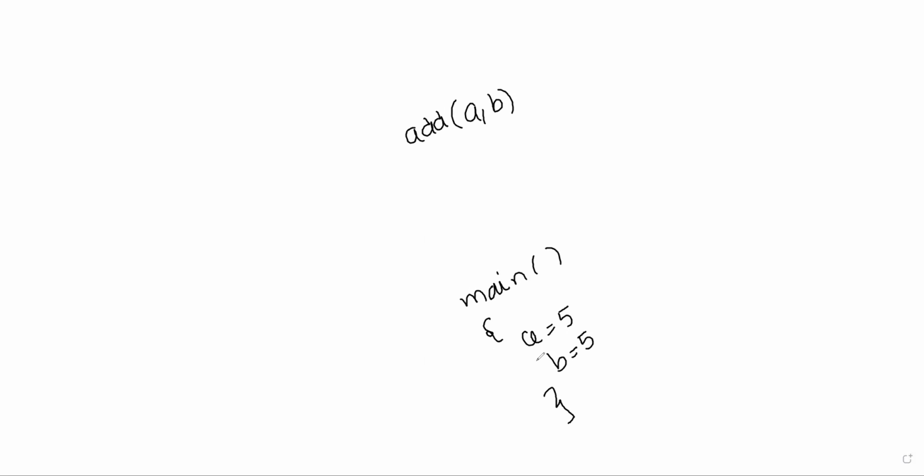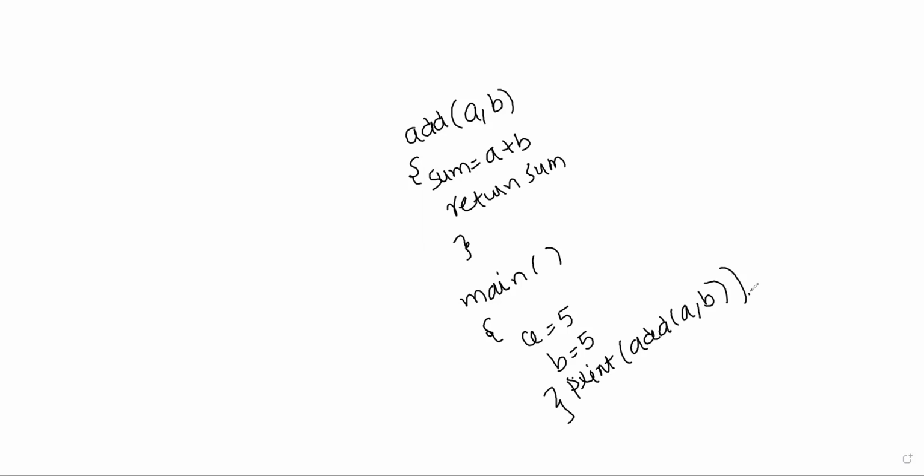Don't worry about this main, it's just algorithmic pseudocode. So I have sum is equal to A plus B and return sum. Then print or display the add of A comma B.